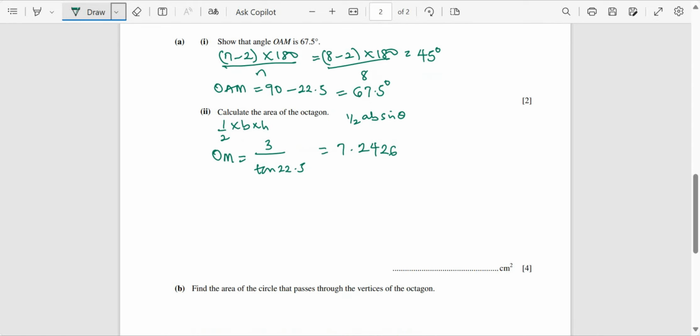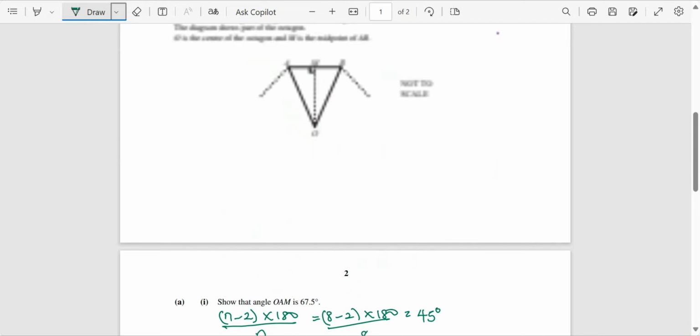So now that we have done that, we have half times the base, which is 6, and the height is now 7.2426. So that would give us 21.7279, and that's the area of one of the triangles.